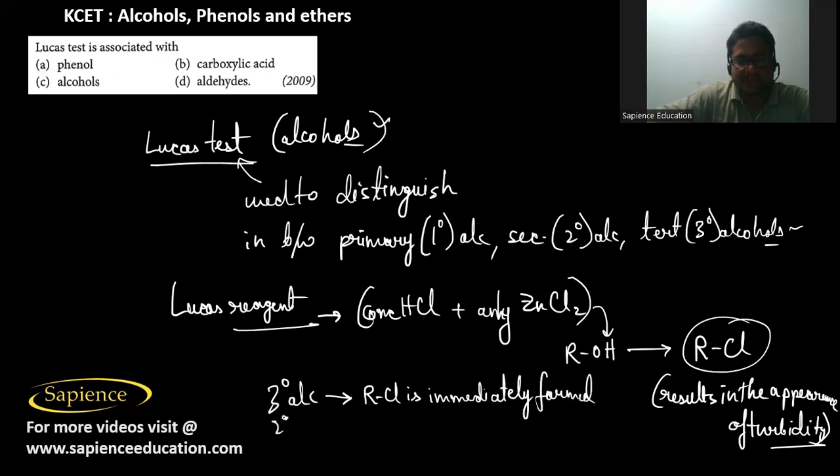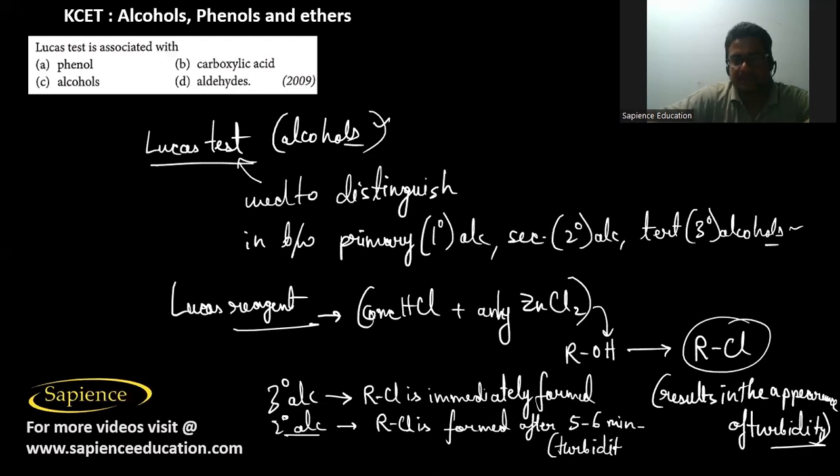And if a 2 degree alcohol is used, then the alkyl chloride is formed after some 5 to 6 minutes. When the alkyl chloride is not formed immediately, it means that it is a 2 degree alcohol. So here the turbidity is also formed after 5 to 6 minutes.